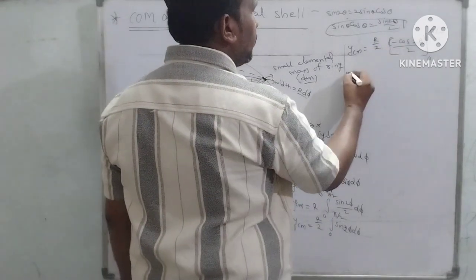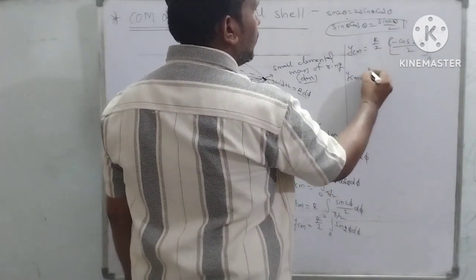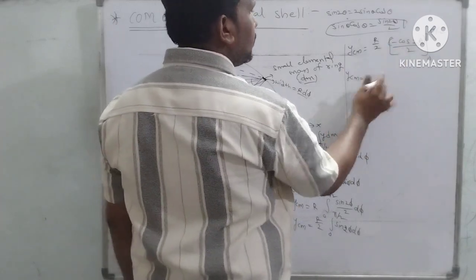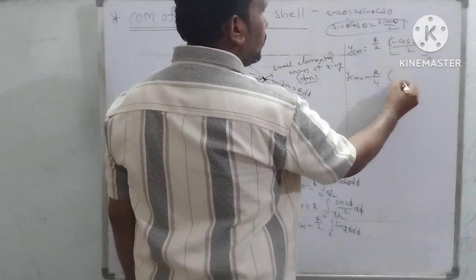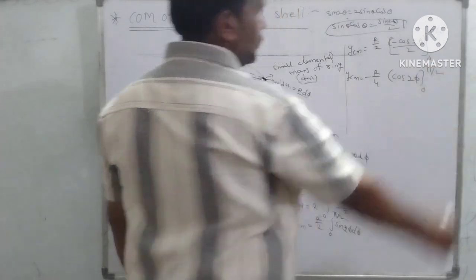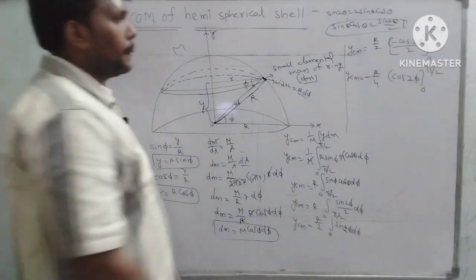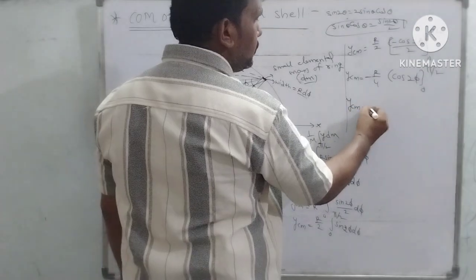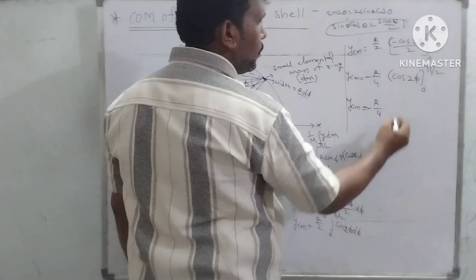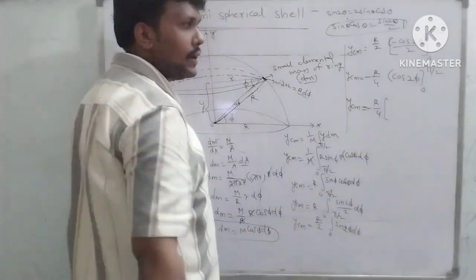Okay, then you write y center of mass r by 4, minus also I am bringing outside, minus r by 4 cos 2 phi, limits from 0 to pi by 2. Okay, right? Then ycm is equal to minus r by 4, upper limit minus lower limit.